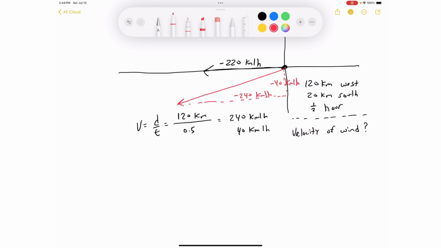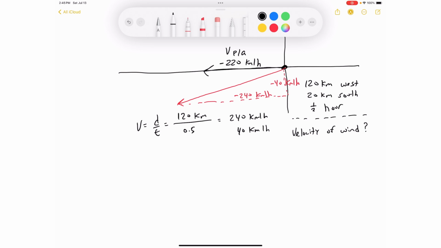Now, what does the black vector actually represent? Well, the black vector actually represents the velocity of the plane relative to the Earth. No, relative to the air. So the plane doesn't really know about the Earth. It really knows about the air. It's moving relative to the air, okay? So this is a relative velocity problem, or what they call a Galilean transform problem.